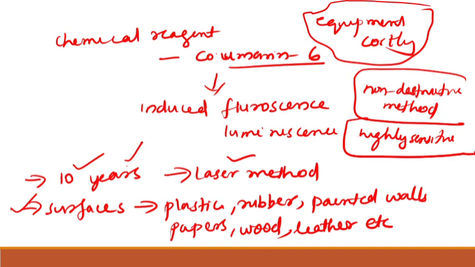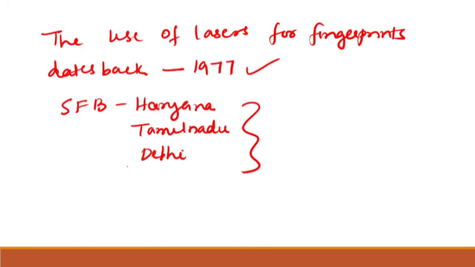It is also highly sensitive. The use of lasers for fingerprints dates back to 1977, and now state fingerprint bureaus such as Haryana, Tamil Nadu and Delhi have this laser equipment for detection of latent fingerprints.